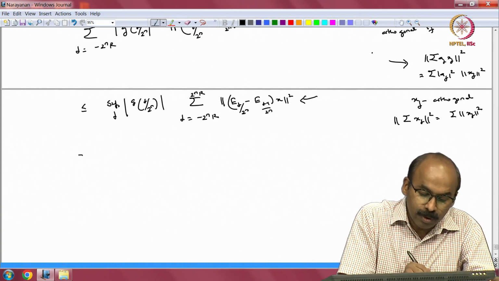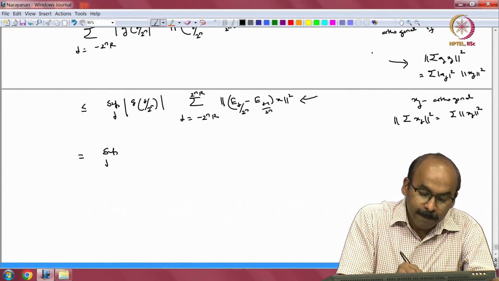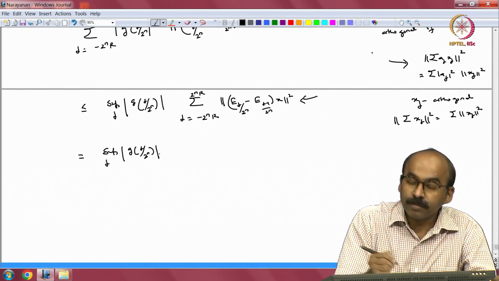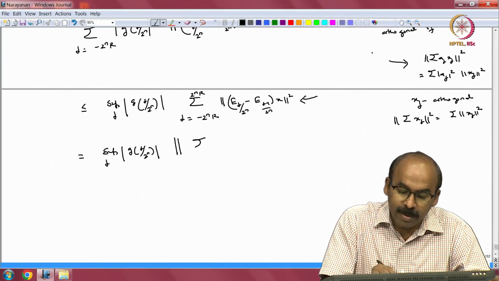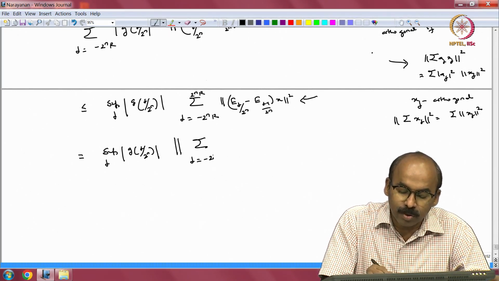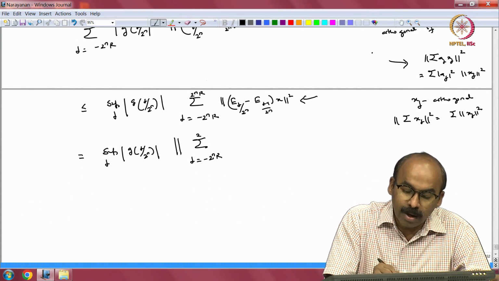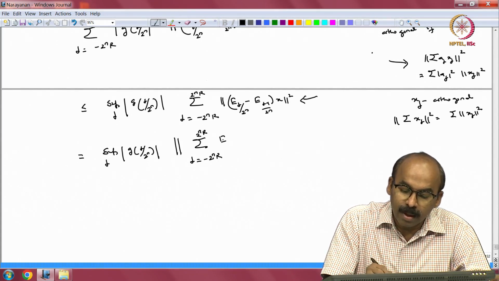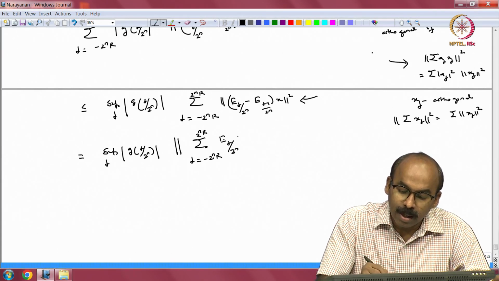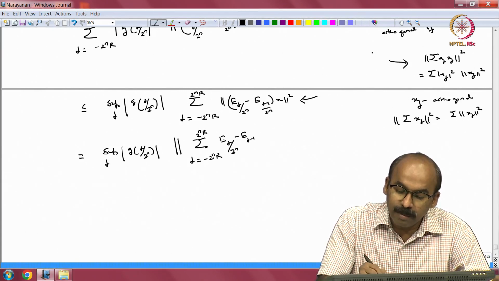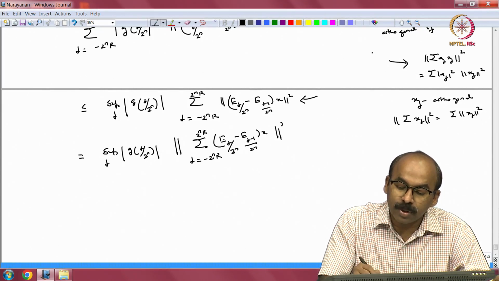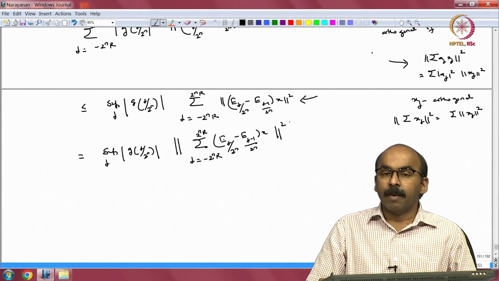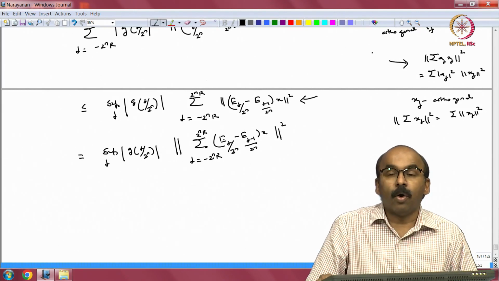So, this is equal to the supremum over j of mod g of j by 2 to the n. I will take the norm square outside and then I can put the summation inside, that is what we are saying: the sum from minus 2 to the n r to 2 to the n r of E j by 2 to the n minus E j minus 1 by 2 to the n acting on x, and then you take the norm square, because all that we are using is that they are orthogonal to each other.